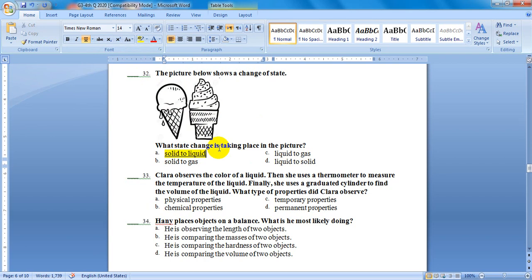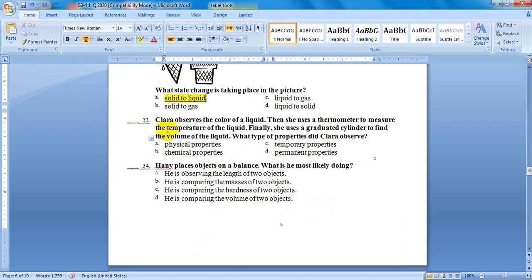The next, 33. Clara observes the color of a liquid. Then she uses a thermometer to measure the temperature of the liquid. Finally, she uses a graduated cylinder to find the volume of the liquid. What type of properties did Clara observe?